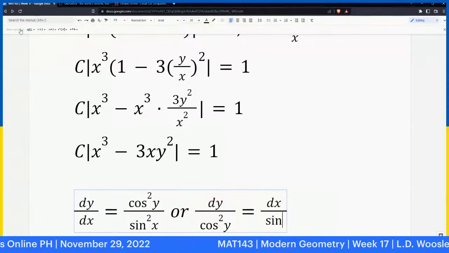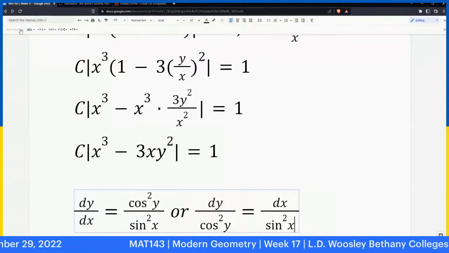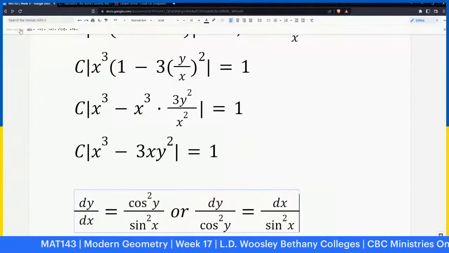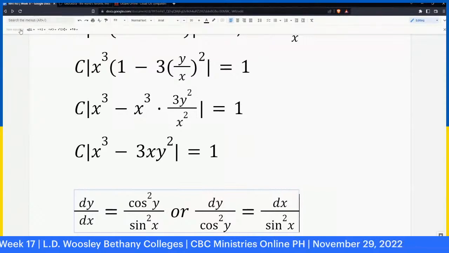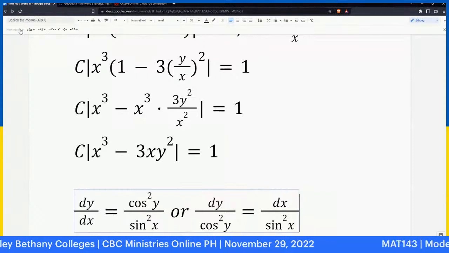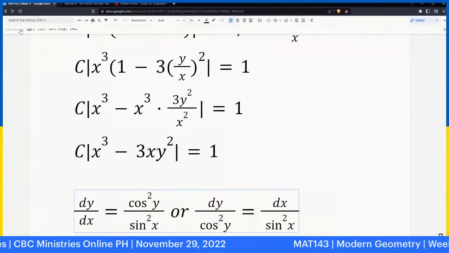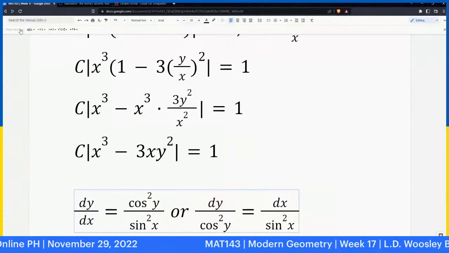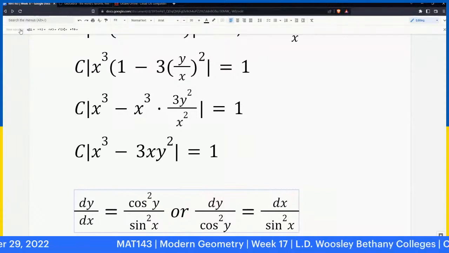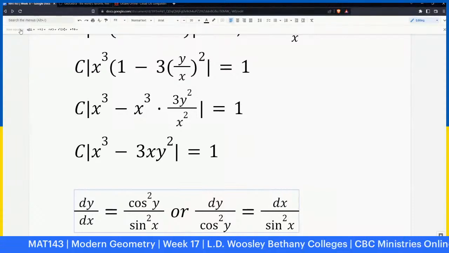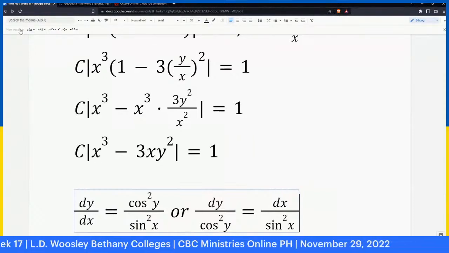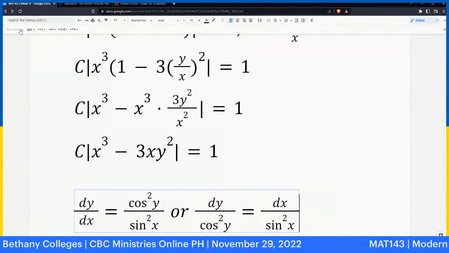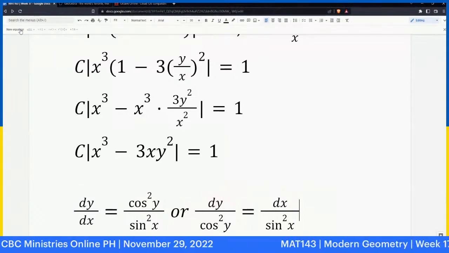Sine squared x. Okay, please perform the integration of both sides. Integration.